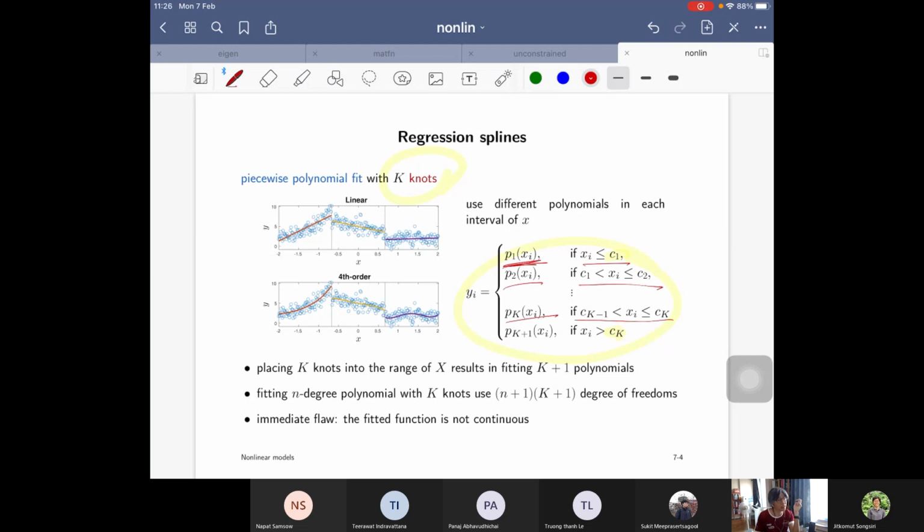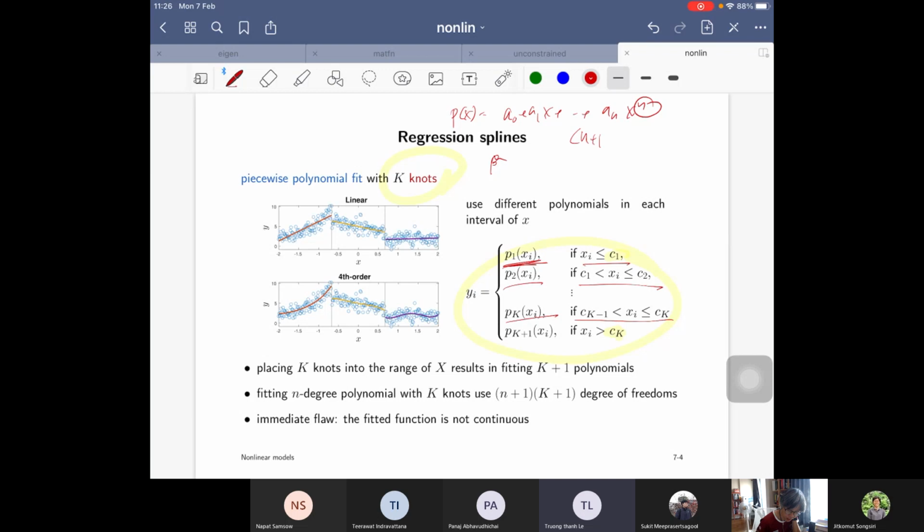Suppose a polynomial of degree n has the form a0 plus a1x plus up to an x to the n. This is a polynomial of degree n. How many parameters does it have? Yes, n plus 1.